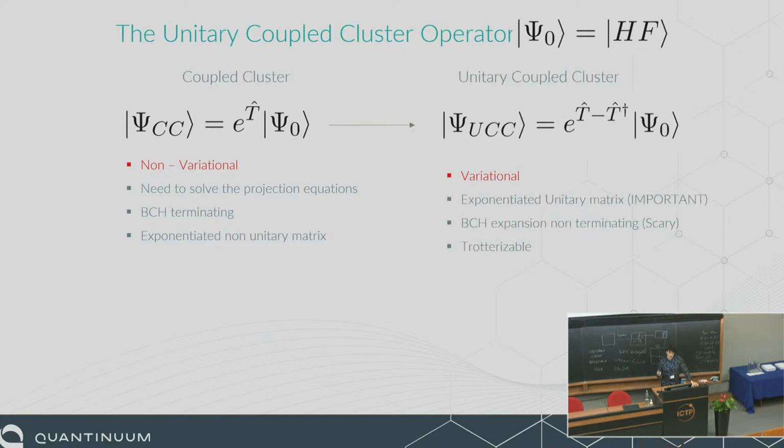Now, coupled cluster motivated the first quantum ansatz for quantum computing, and this is unitary coupled cluster. Basically, you take this T, which is non-unitary, and then you exponentiate T minus its complex conjugate. And this is now a unitary coupled cluster object.